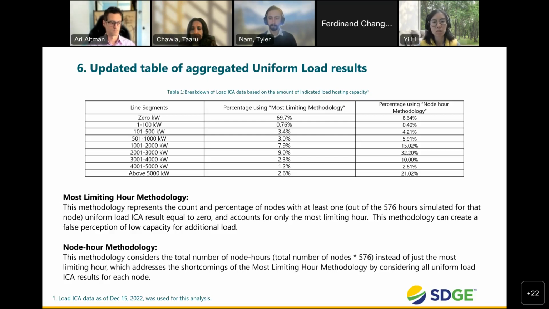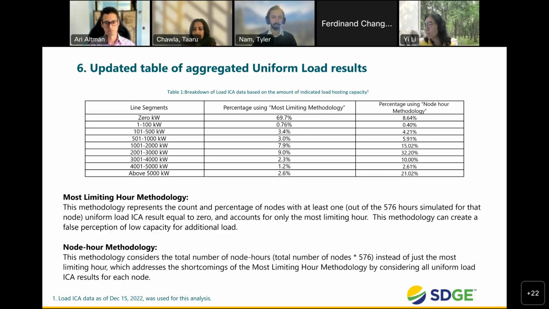I'm not really sure I understand what a flat load result is. If you want to come off mute and explain yourself, that may be helpful. Yes, thank you. Sam White for 350 Bay Area. As you present this, it's unclear exactly what it's showing.